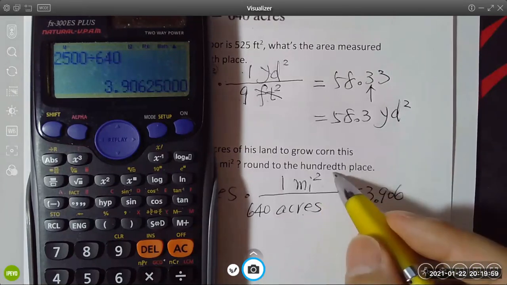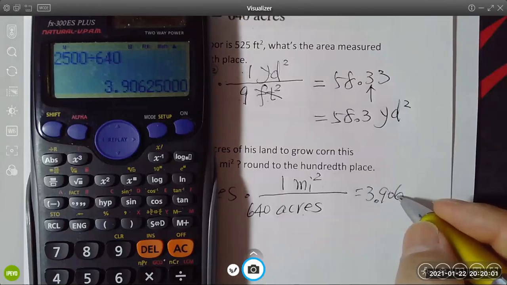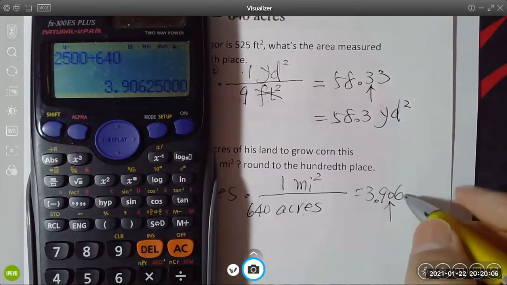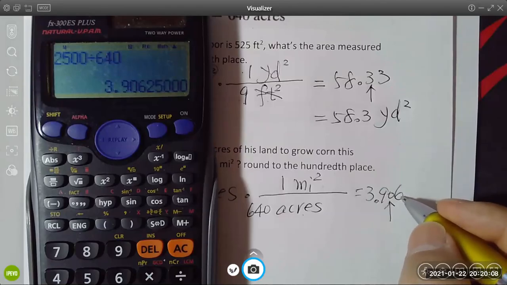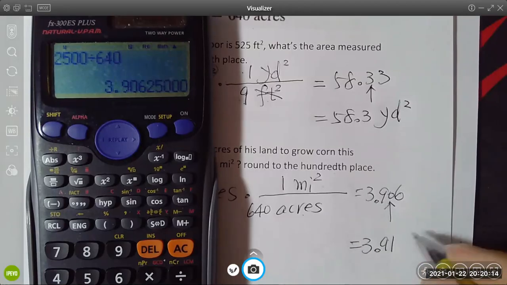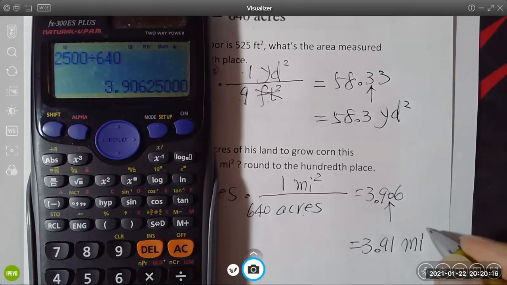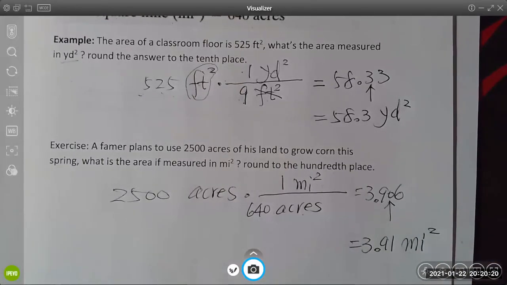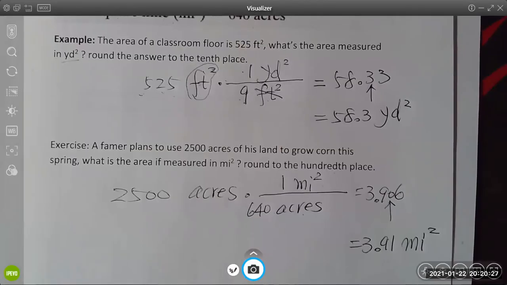Since we need the 100th place, we need 3 decimal digits, because the 100th place is the second decimal digit. The third digit is 6, so we round it up. So 3.91 square miles. That's our final answer. See, pretty easy. They are all the same in terms of setup and structure.